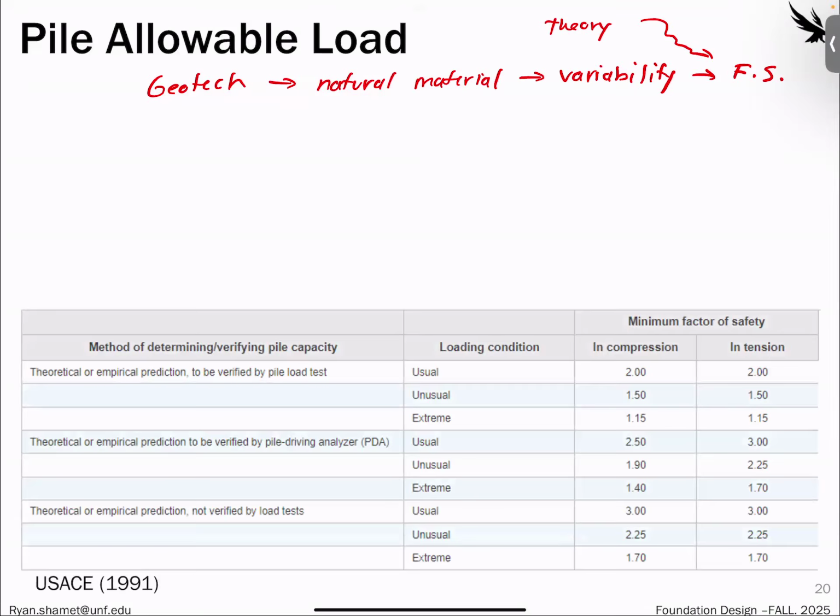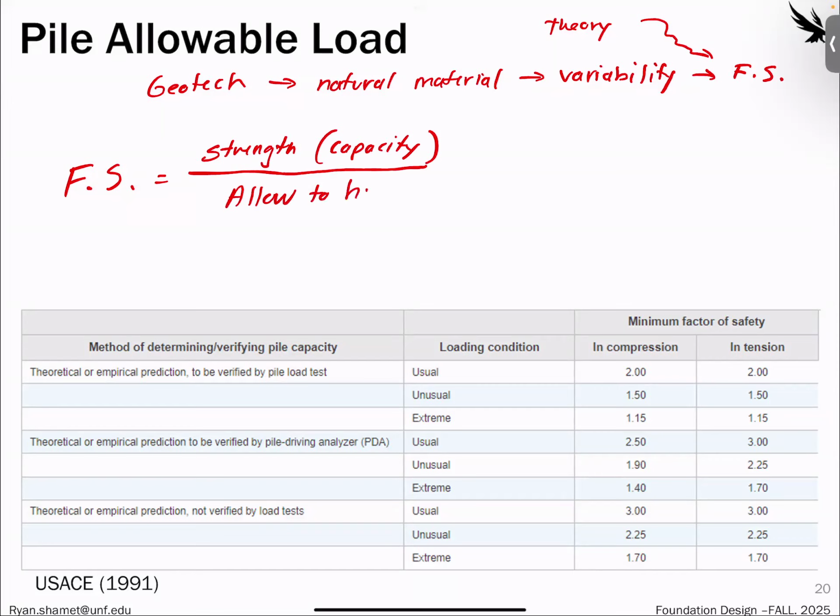So with this, we always need to apply a factor of safety similarly to shallow foundations, which means we'd have to consider what the actual strength or the capacity is, and then what we're actually going to allow to happen or allow to load. So the other way of saying this is, okay, what is the capacity versus the allowable?